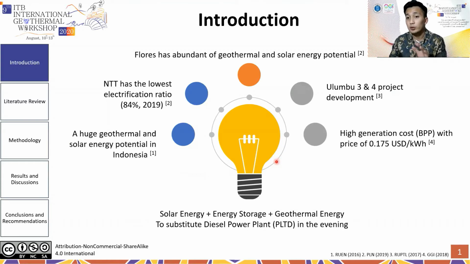In terms of generation cost, Flores has a high generation cost of 0.175 USD per kilowatt hour. And this work will elaborate solar energy, energy storage, and geothermal energy to substitute the diesel power plant in the evening.